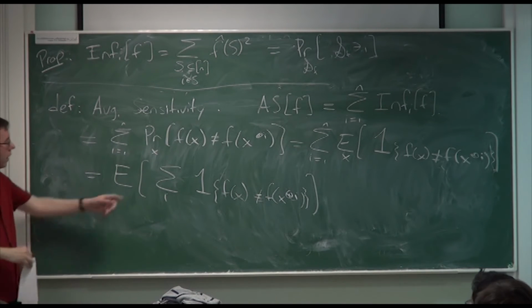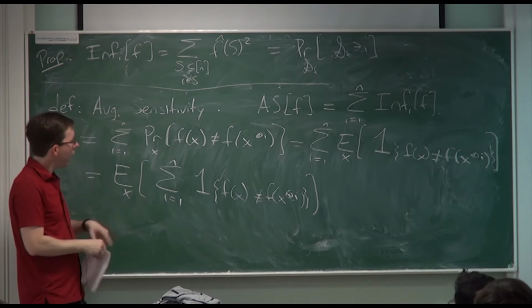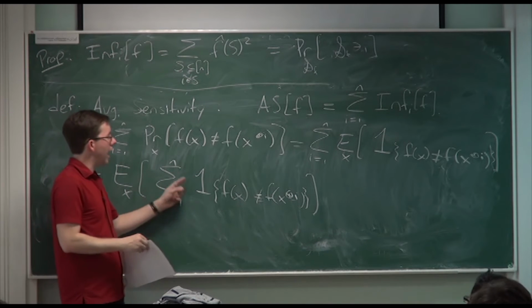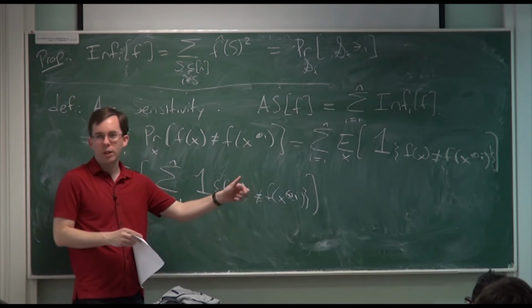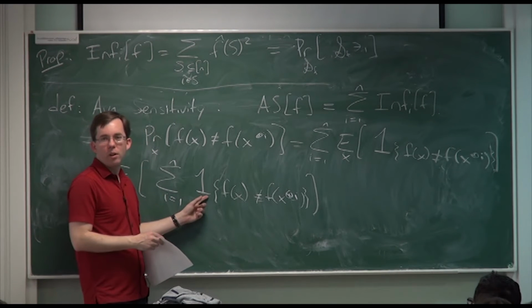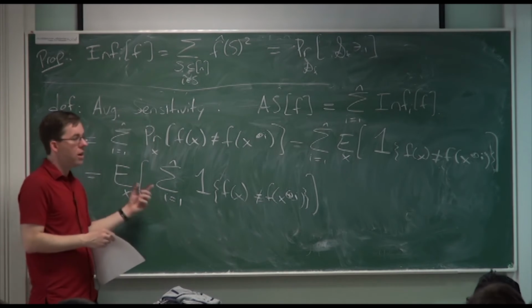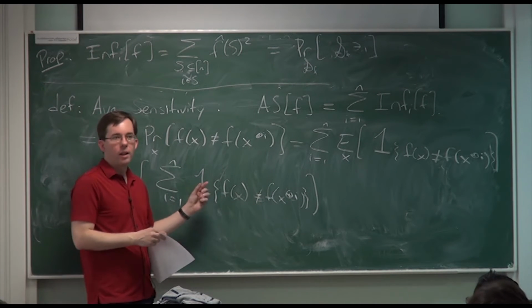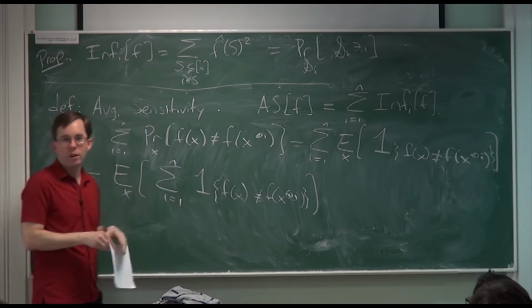And now what's going on in here? I pick a random x, and then I go through all the coordinates between 1 and n, and I look: is f of x different from what I would get if I flip the ith coordinate? Whenever that happens, I count 1, otherwise I count 0. So effectively this sum is counting the number of coordinates i, for this given x, such that flipping that coordinate would make a difference to f's value.